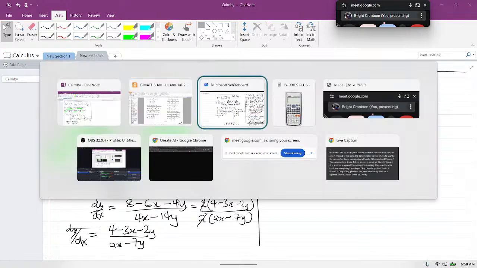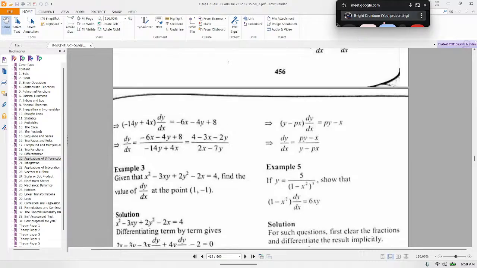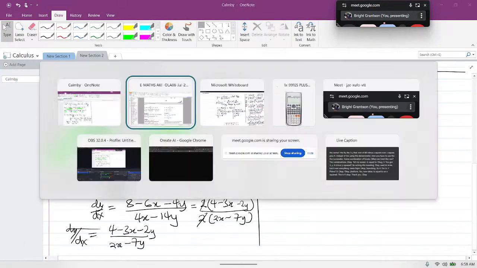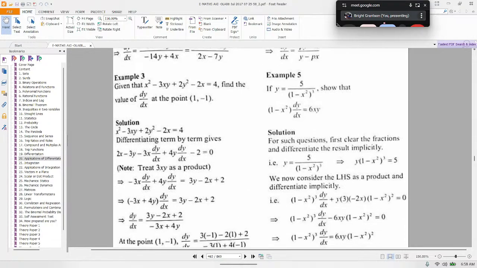Let's check the solution. Yes, 4 minus 3x minus 2y over 2x minus 7y. That's impressive. Now, let's go to a little bit of the applications.